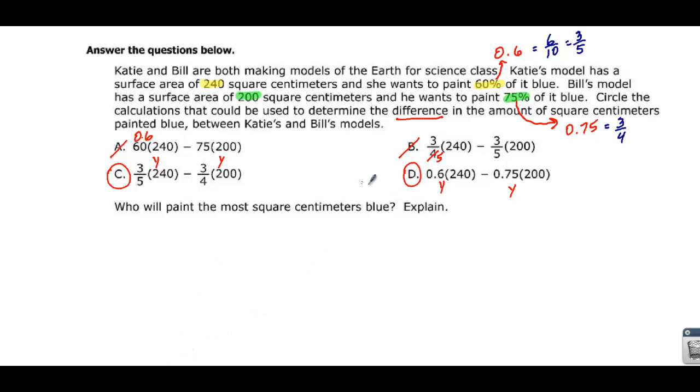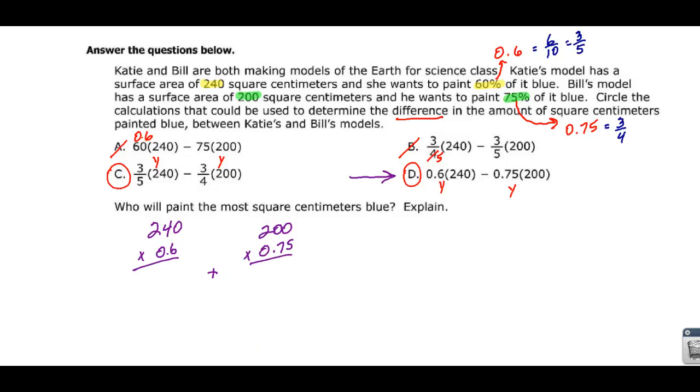I would choose, since I'm going to use a calculator to solve this, I would choose D as the one to bring down. So I'm going to have 240 times 0.6 plus 200 times 0.75.